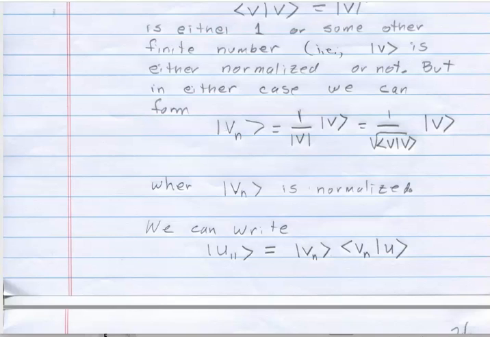As we'll see, it actually is parallel to vn. This is just a number once I've done this inner product. And so u parallel is just some number times vn, so it's going to be a vector that is parallel to the vector vn.